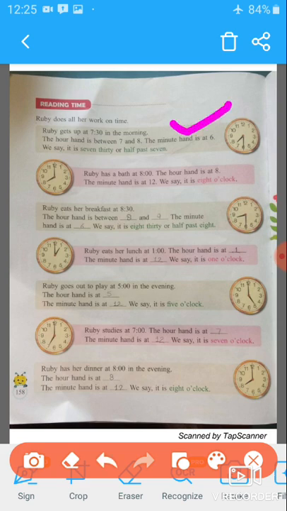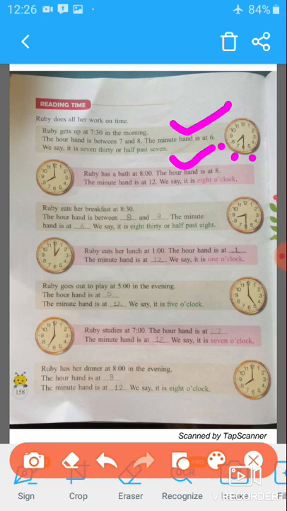Ruby gets up at 7:30 in the morning. And at that time, the hour hand is between 7 and 8, and the minute hand is at 6. We say it is 7:30 or half past 7.